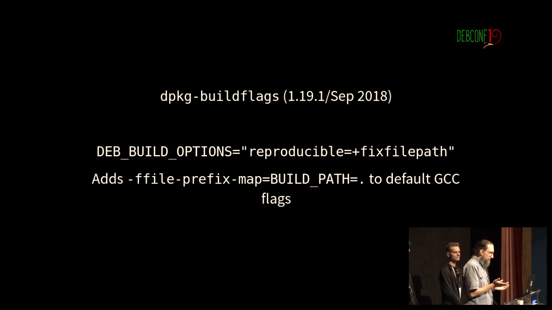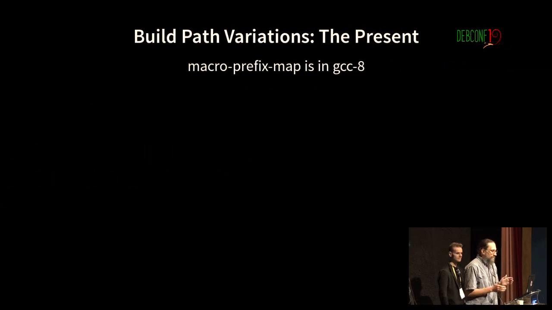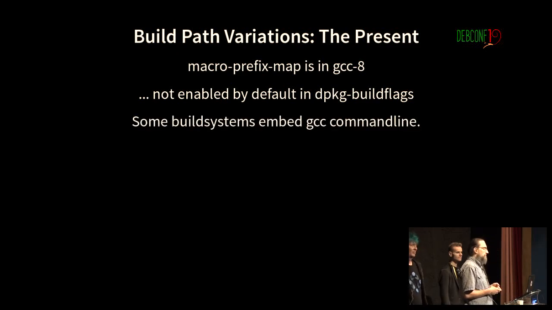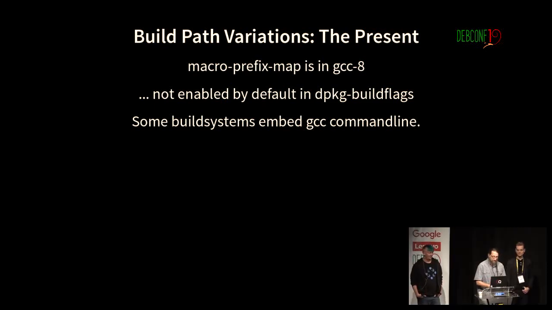So it's in GCC 8, but it's not enabled by default in dpkg build flags. You have to expressly turn on this feature. And there are some reasons for this. Some build systems still embed the GCC command line. So even though you're saying remap all of these file paths, the file paths get in at a different place, thus sabotaging the reproducibility we were so hoping for.